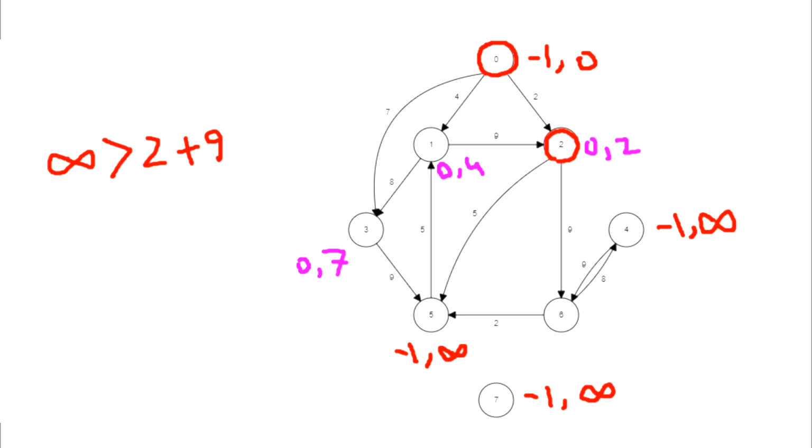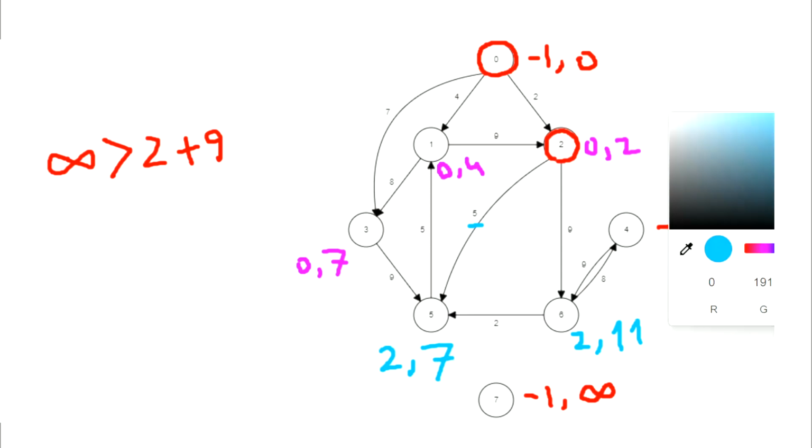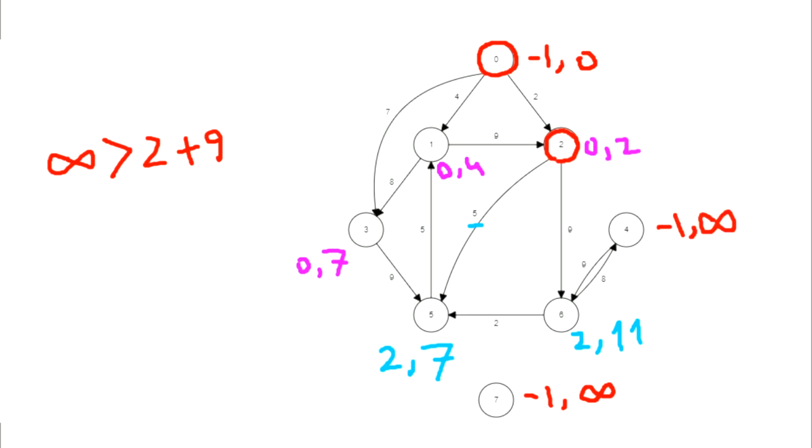The path is going to be 2 because I came from 2, and the cost is going to be 11, right? And same thing here. The path is going to be 2, and the cost is going to be 5 plus 2, which is 7, right? So now we're going to check again which one among all unvisited vertices has the least cost.